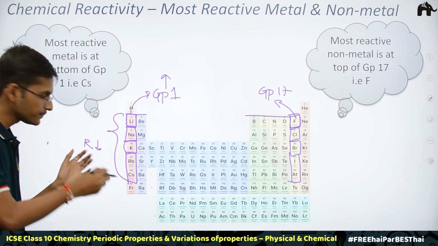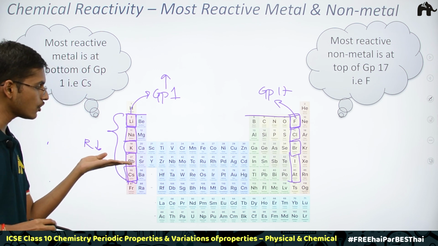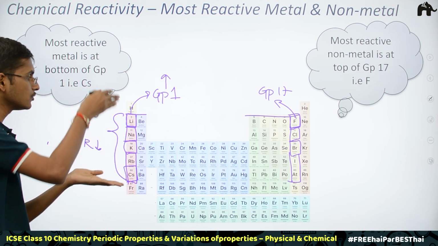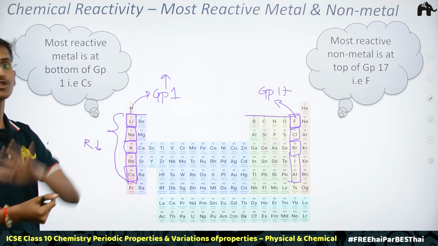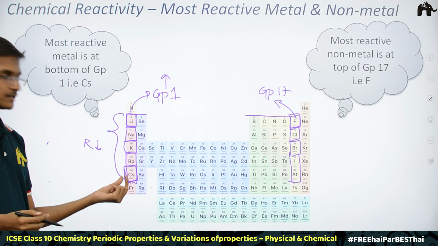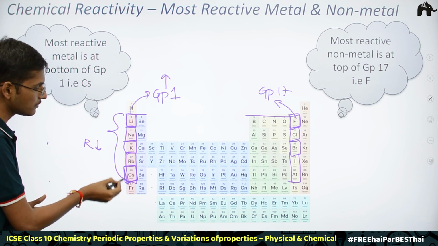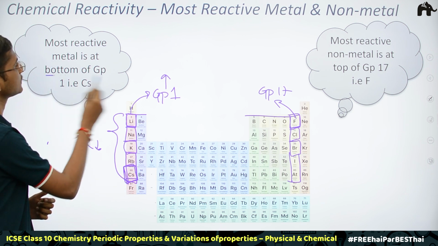So cesium is the most reactive. Cesium is more reactive than all these elements. And this is our answer: cesium is the most reactive, which is present at the bottom of group 1.